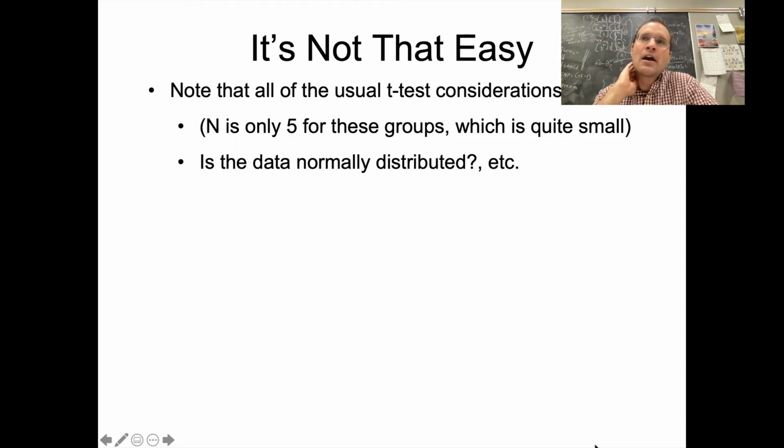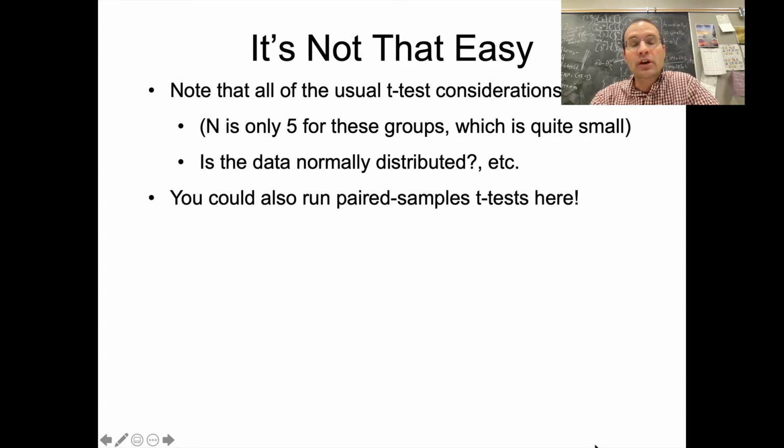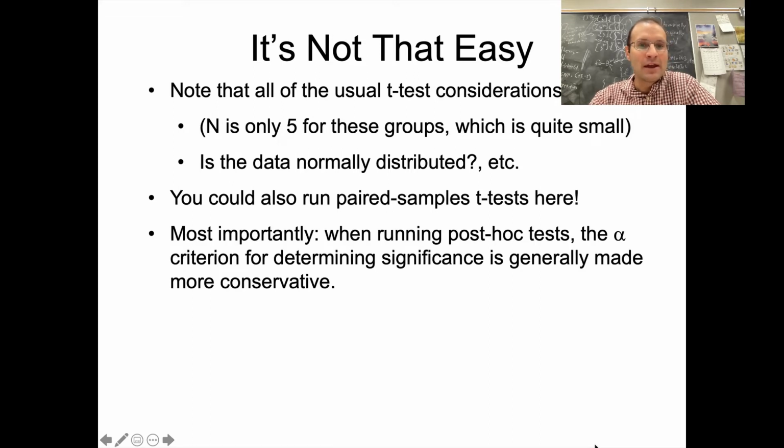I'm not going to go into those again, but just try not to forget them as you get into this, because it can start to get mechanical after a while. You could also, as I mentioned before, run paired samples t-tests here, which usually have more power, and therefore it's advantageous to look at those results instead of the most general Welch correction t-test that you run, or that I just ran.